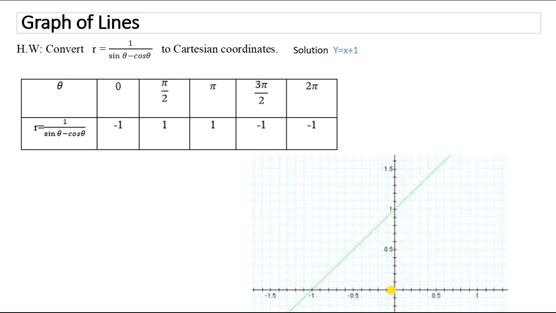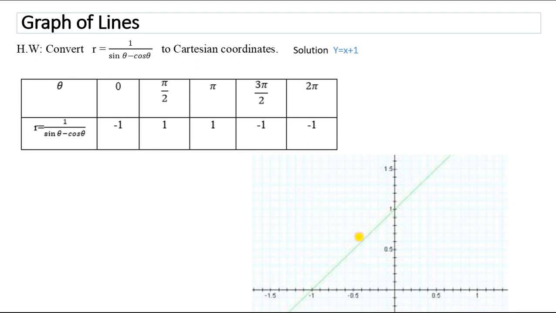Theta equals pi, this line, because r is positive, the point lies in the same quadrant, there. Theta equals 3 pi over 2, below, because the distance is minus 1, the point lies in the opposite quadrant, there, because r is negative.